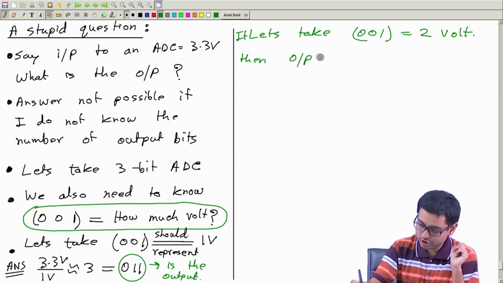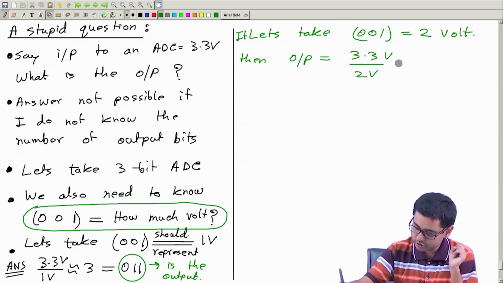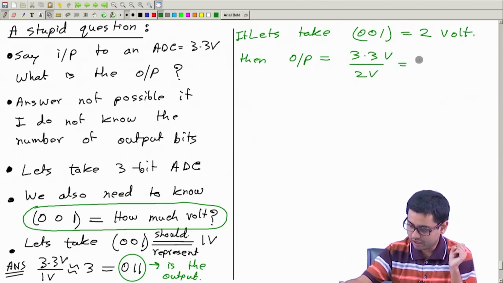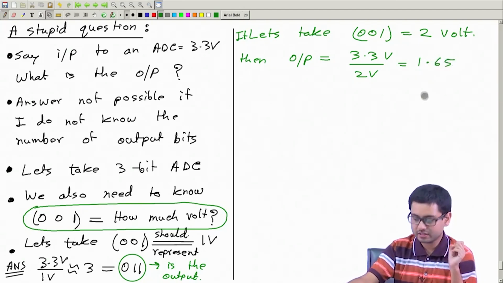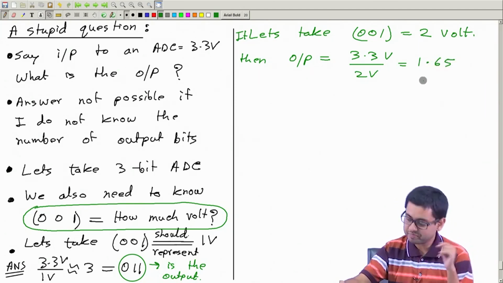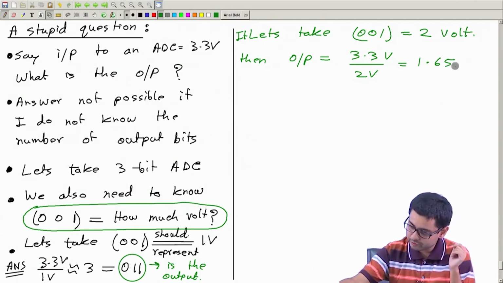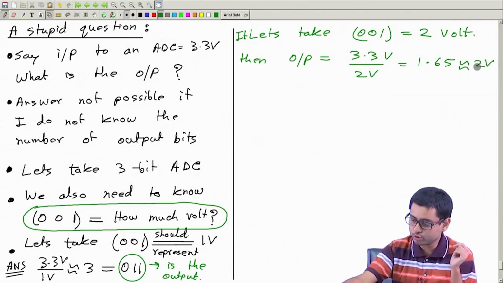Then 3.3 divided by 2 volt. So this is how much? This is I think 1.65, I guess. If it is wrong, please correct me. Which is approximately equal to 2. This is closer to 2 than 1.